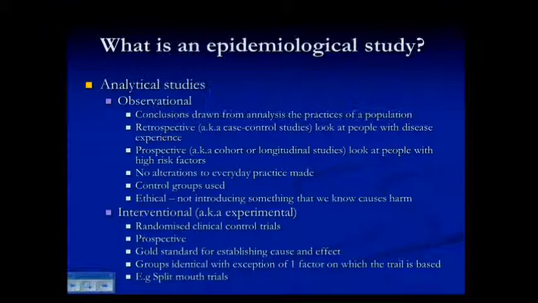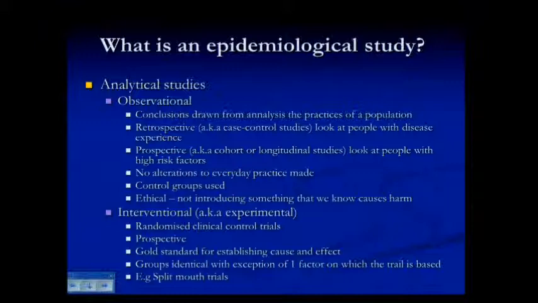Or they can be prospective, so looking to the future, and for that you would be looking at people who have high risk to get that disease, and then looking to see whether they get it or not. So if it's retrospective, it's a case-control study, and if it's prospective, they're more often than not called longitudinal studies, because they take a long time.